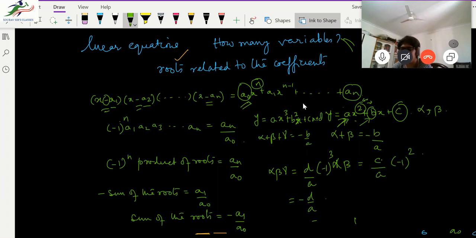And in case of a cubic equation, there will be one more term, which is alpha beta plus beta gamma plus gamma alpha, which is the sum of the product of the roots taken two at a time. That will be c by a, and because they are paired with 2 each, minus 1 will not be there, it will be plus 1.